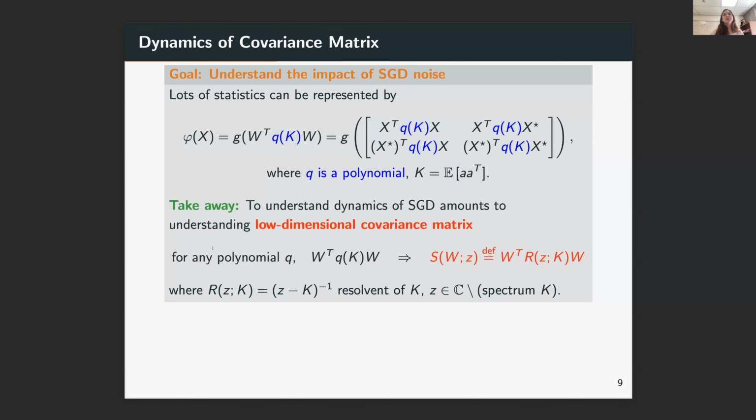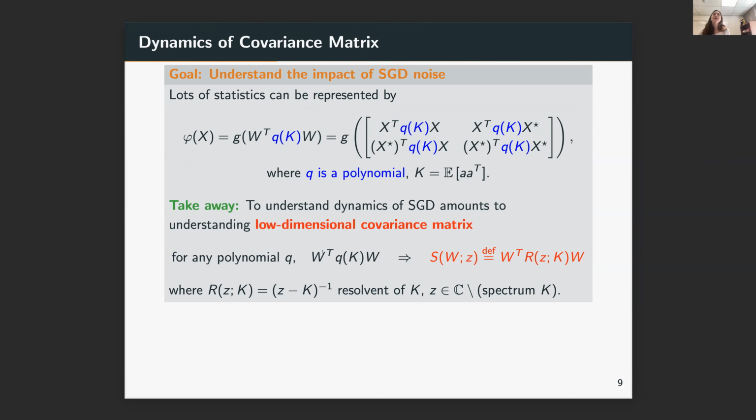Right. So basically, the idea is that we can just look at finding dynamics for W transpose Q of KW. That's the statistic that defines everything. But we have to be able to do it for lots of different Q functions, lots of different polynomials. That becomes a problem because we have to do it for every Q. We have to use some trick; we have to close the system.